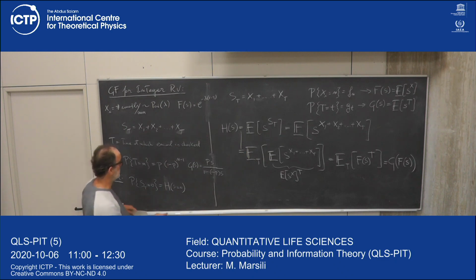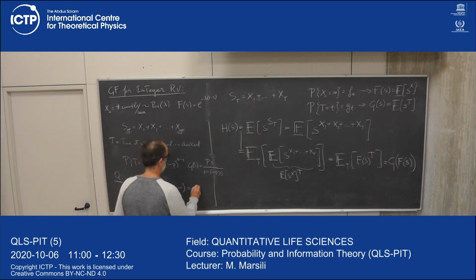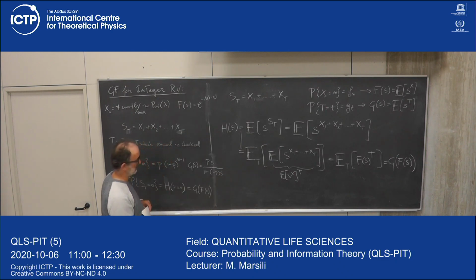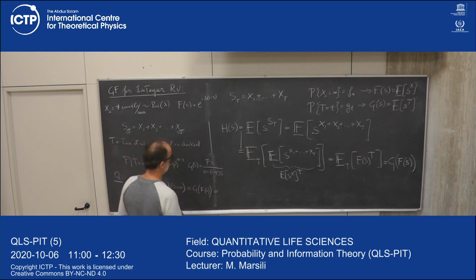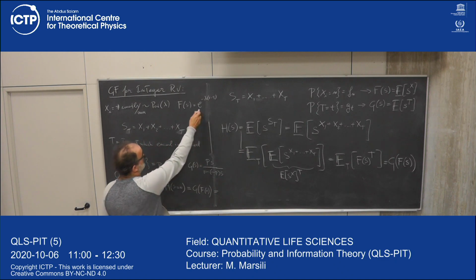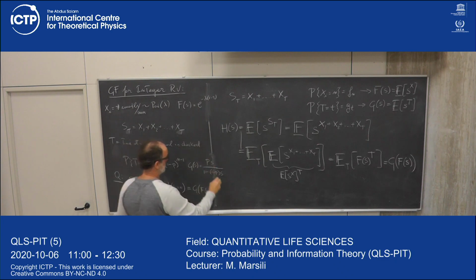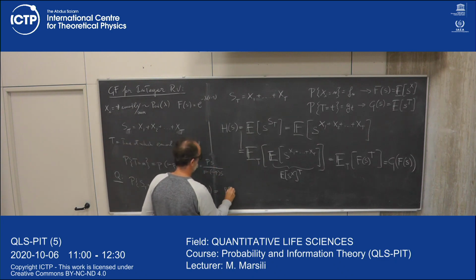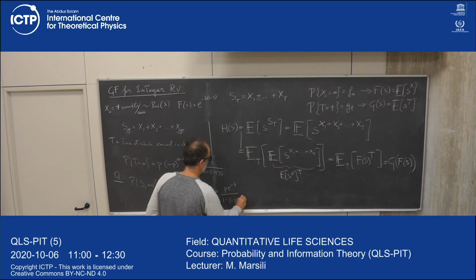And so this is g of f of 0, by this relation here, where f of 0 is just e to the minus lambda. So it's just p e to the minus lambda divided by 1 minus 1 minus p e to the minus lambda.